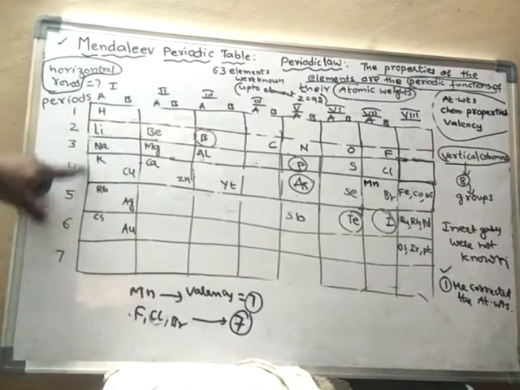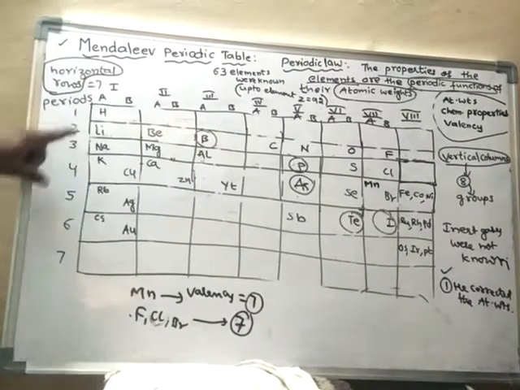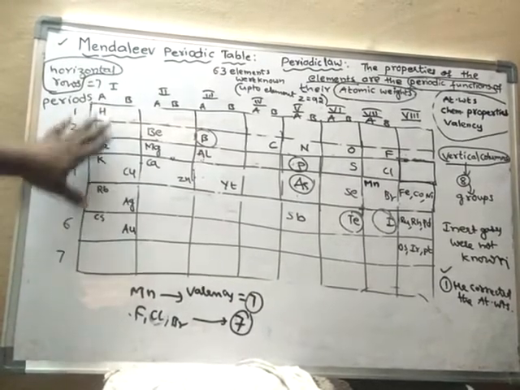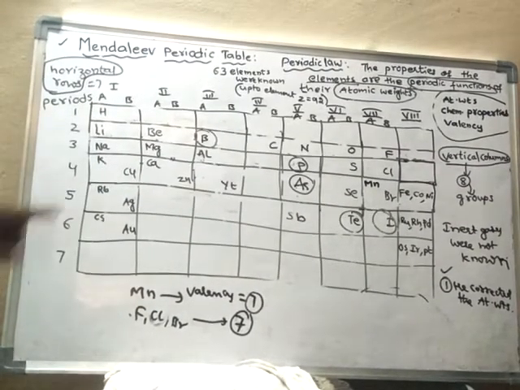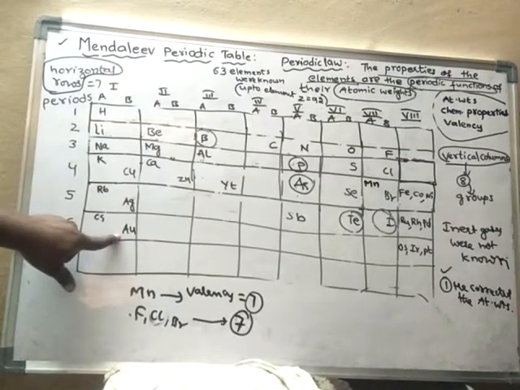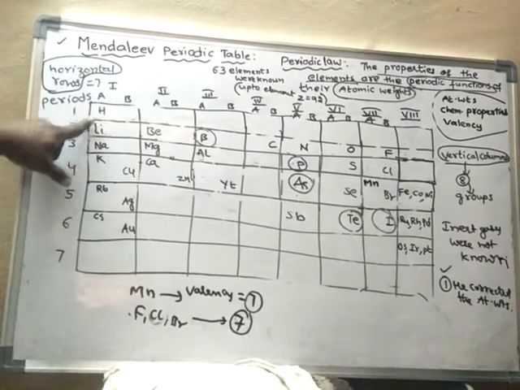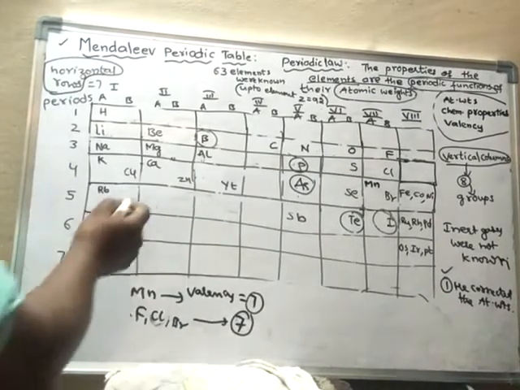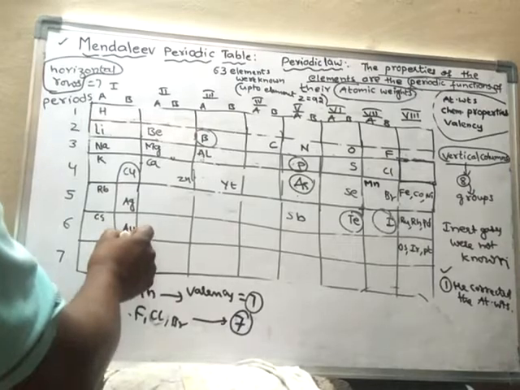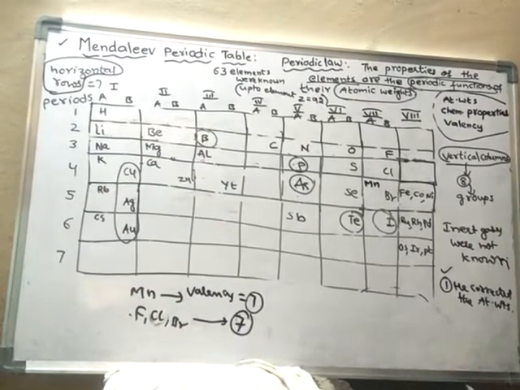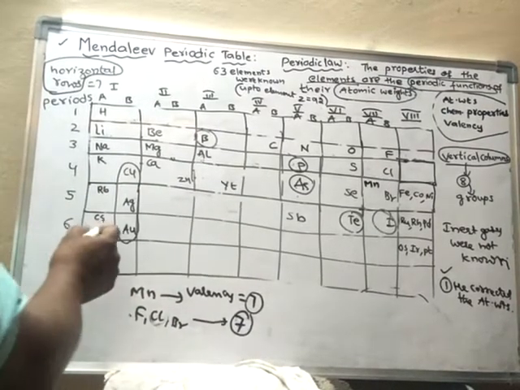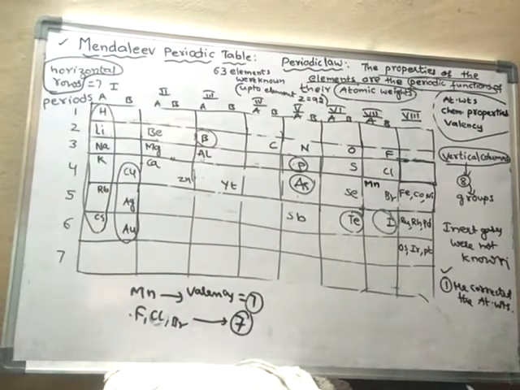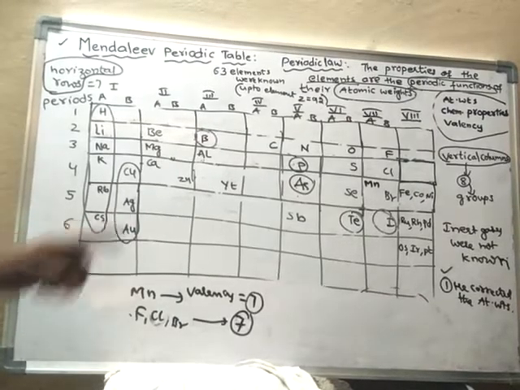Let us see here also. Hydrogen, lithium, sodium, potassium, rubidium, cesium. So copper, silver, gold and all this. The properties of copper, silver and gold are different from the properties of these elements, lithium, sodium, potassium, rubidium, cesium. Because copper, silver, gold are hard metals, but these are soft metals.